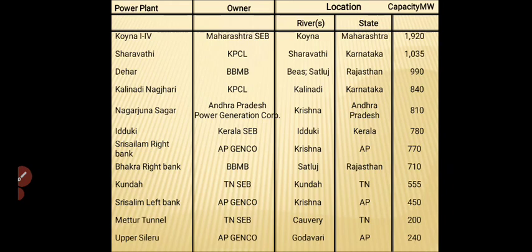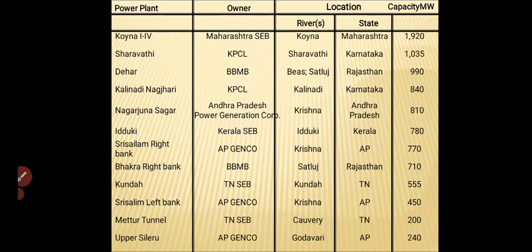The next one is Srisailam left bank, located in Andhra Pradesh on the Krishna reservoir, with a capacity of 450 megawatts. The next one is Mettur tunnel, located in Tamil Nadu on the Kaveri river, with a capacity of 200 megawatts.